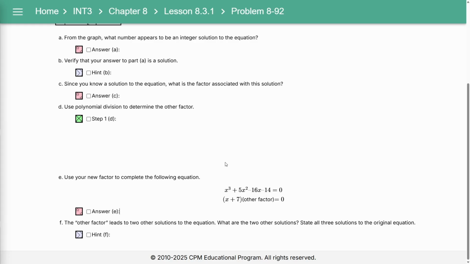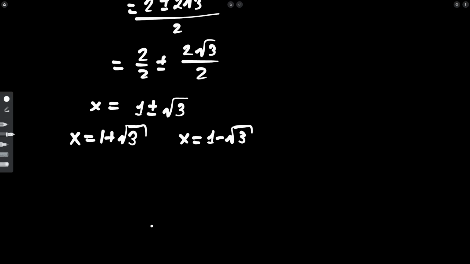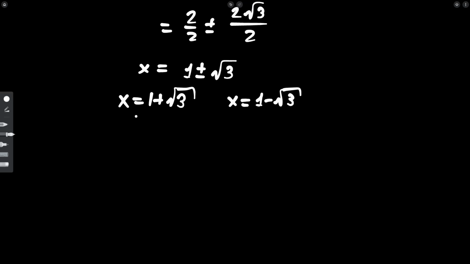Was this what the question was asking us for? I think so. The other part F now, the other factor leads to 2 solutions. What are the 2 solutions? State all 3 solutions to the original equation. Oh, I think I've skipped F here. So our solutions are -7, 1 minus root 3, and 1 plus root 3.